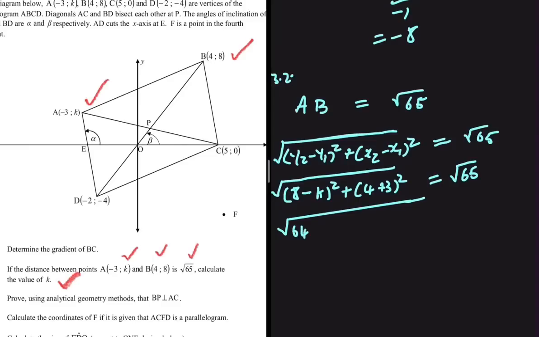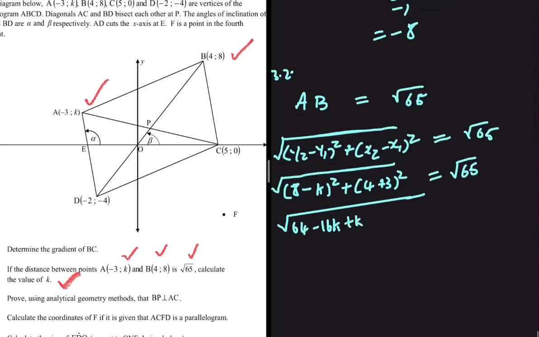And then you multiply 8 by minus k, it will give you minus 8k. You multiply that by 2, you're going to get minus 16k. And then minus k multiplied by minus k, that is just plus k squared. And then 4 plus 3, that is 7. You square that, you get plus 49 being equal to square root of 65.